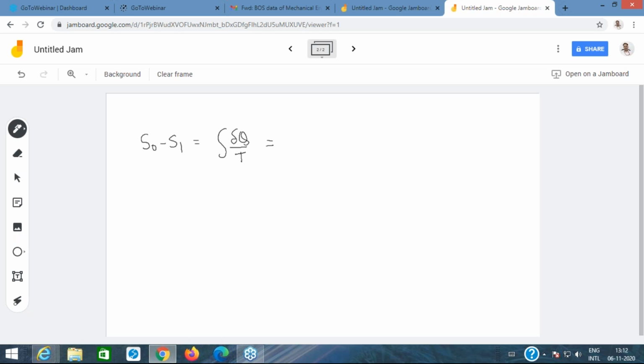What is that expression? The general expression is R log to the base e P by P naught plus Cp ln T naught by T.